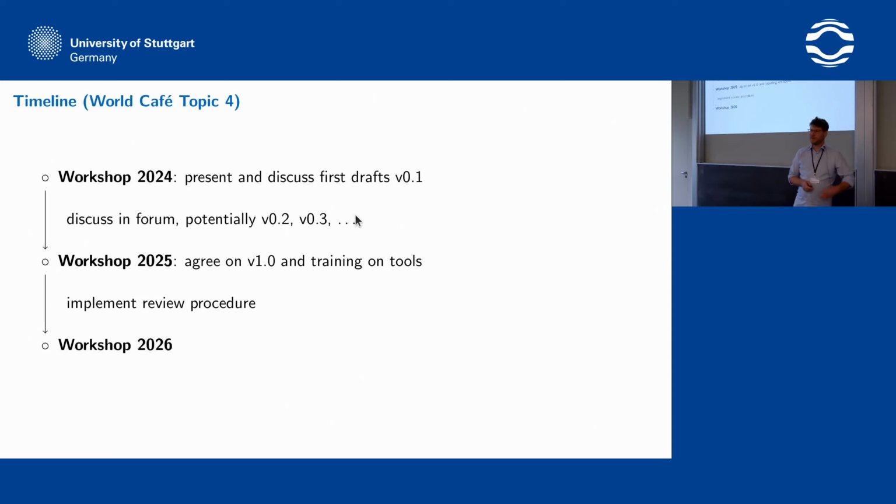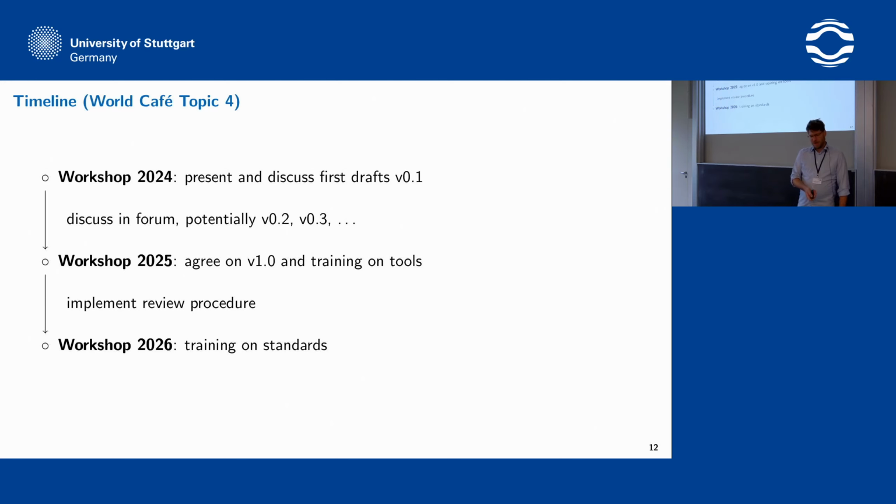And then until the next workshop we want to slowly set up this review process and the things on the website to implement the standardization. Then at the workshop in 26, we want to train you on the standards.